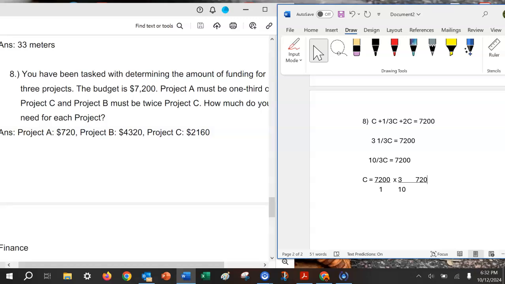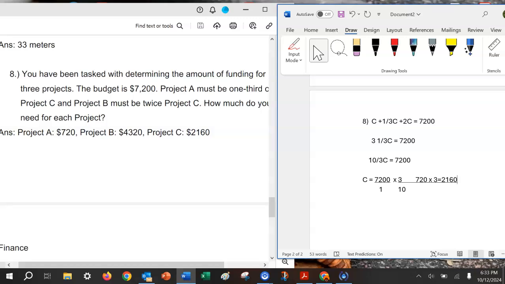720 times 3. So I'll just multiply those, and I have 720 times 3 gives me 2160. So 2160 is Project C. Now I go back to find the others.